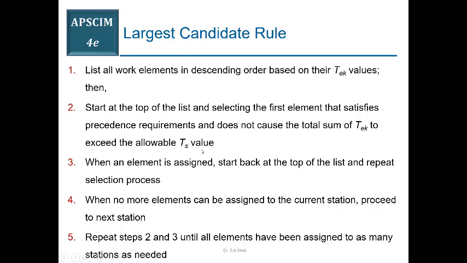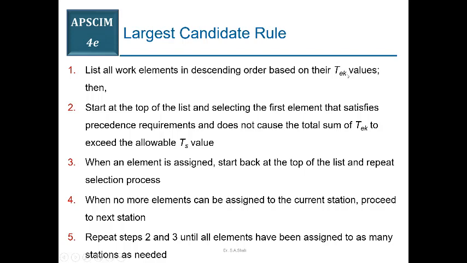Just list them first. First step is the arrangement of the table that was given to you. So it was a random table, and they were arranged on the basis of the operation number. Okay, operation number 1, 2, 3, 4, 5. So you have to rearrange the table in terms of the TEK value, and that rearrangement will be in the descending order.